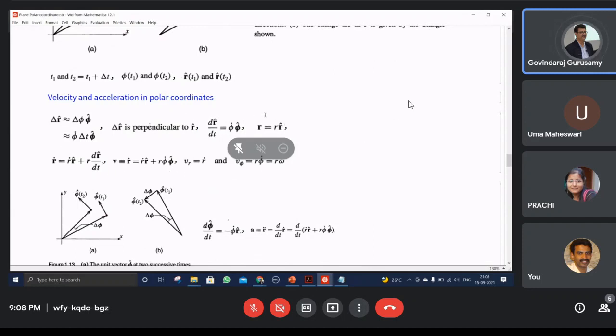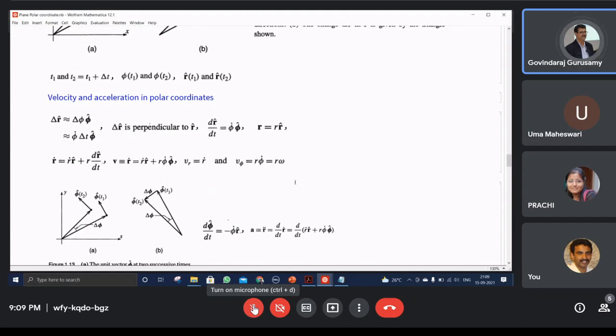Take a derivative. Please note, this is only the unit vector derivative, which we can substitute back. This is your phi dot phi cap, and I am substituting it here. That's all. I hope this is clear again. Go through them again and try to digest these relations, because they are very important for us.